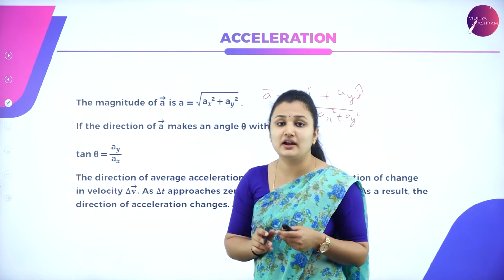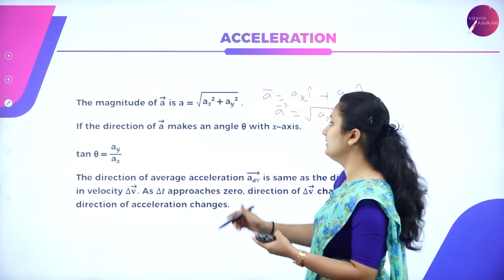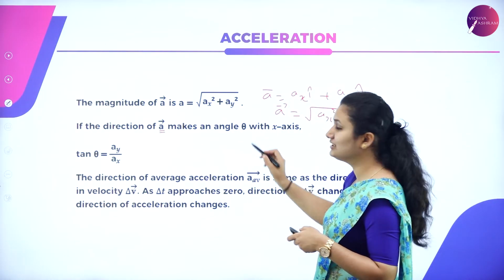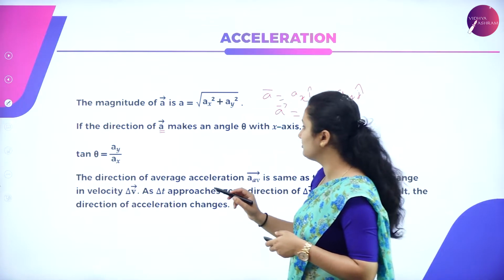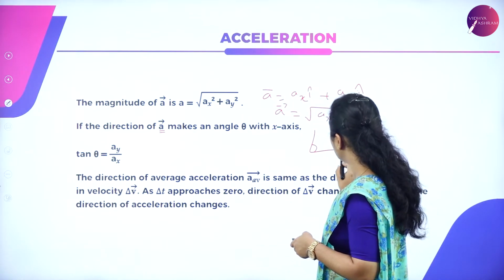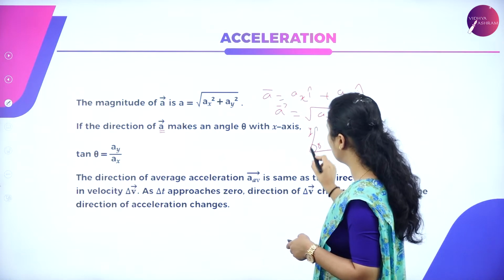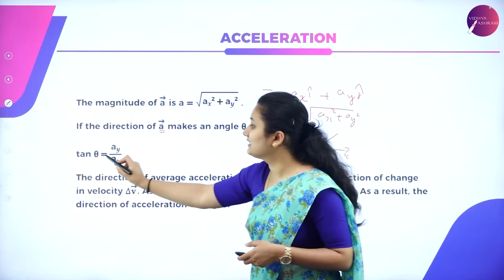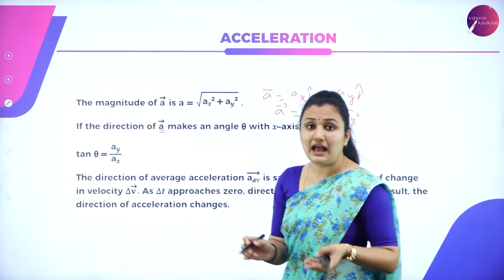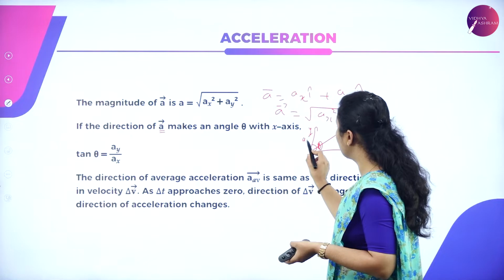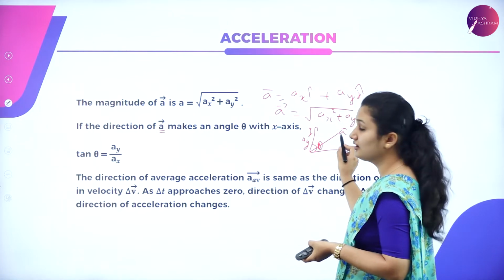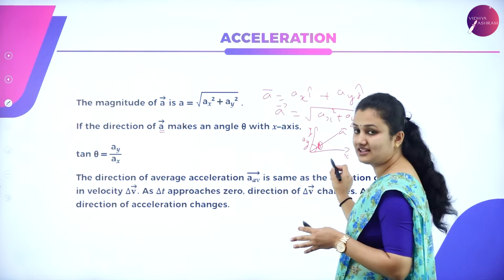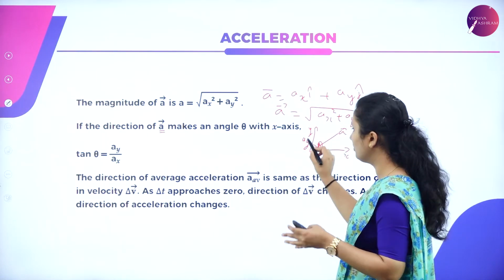How do you find the direction? Similar to velocity, we have to find the direction of acceleration here. It makes an angle theta with the x-axis. I want to find the direction, so I'll use tan theta. When you say acceleration, its projection on the y-axis is a_y and its projection on the x-axis is a_x.